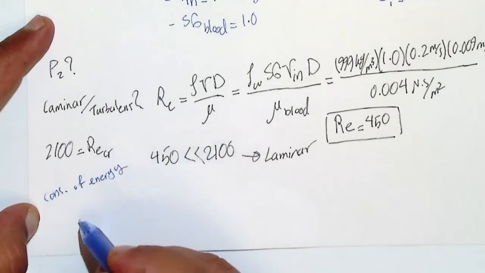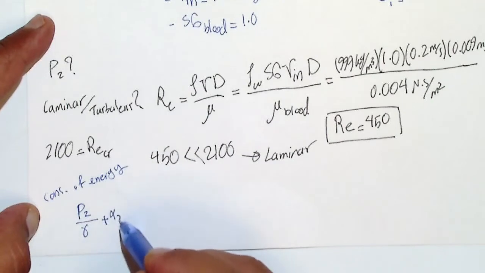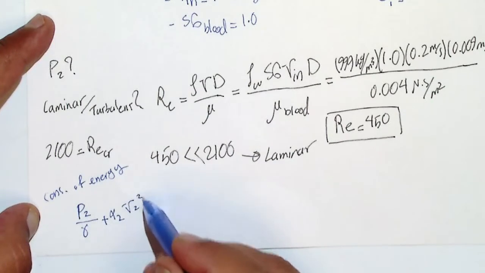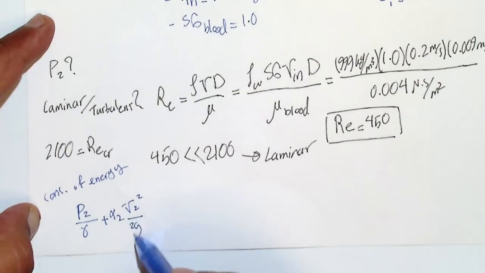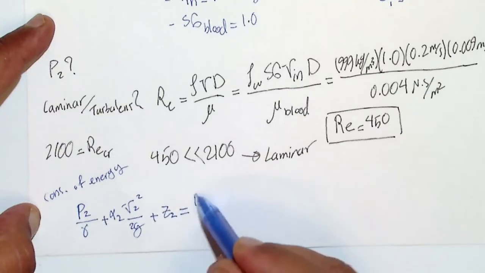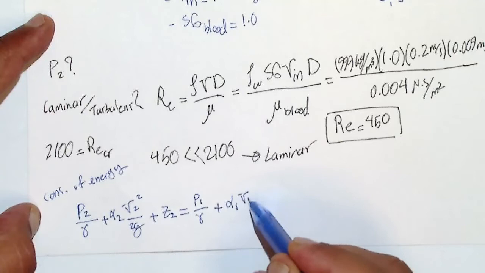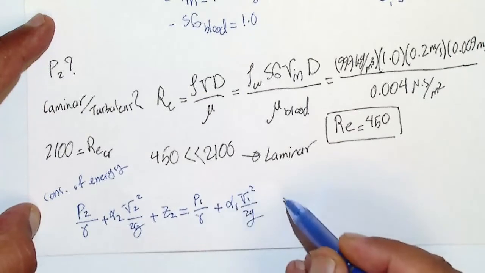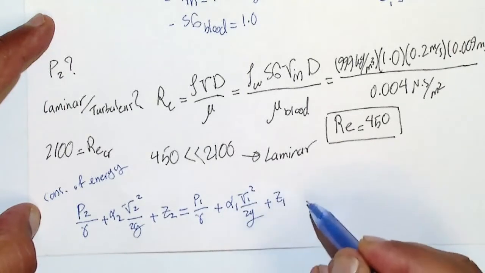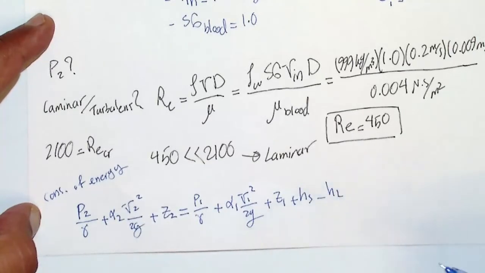The conservation of energy is P2 over gamma plus alpha 2 V2 squared over 2g plus Z2, equal to P1 over gamma plus alpha 1 V1 squared over 2g plus Z1, plus HS minus HL. Shaft work head and head loss, right? Head loss is HL. Okay, that's your equation.